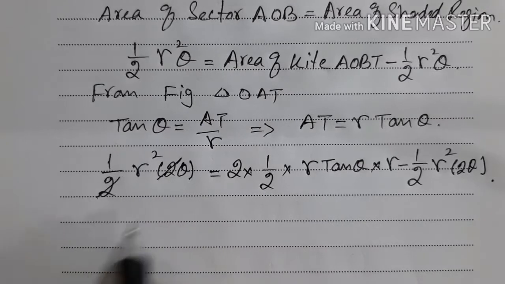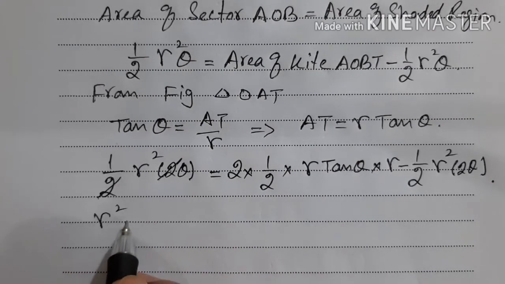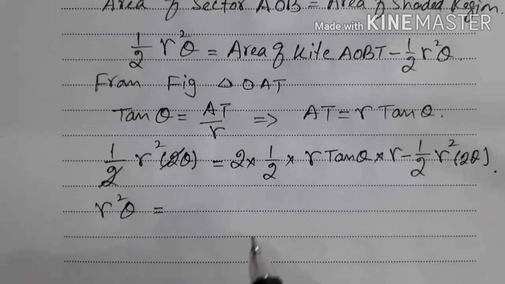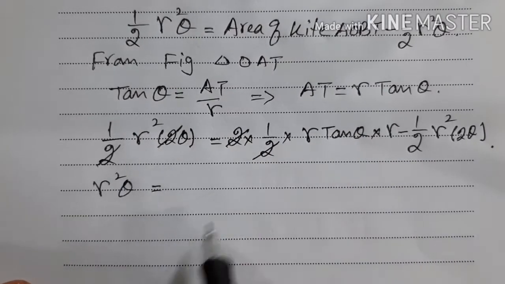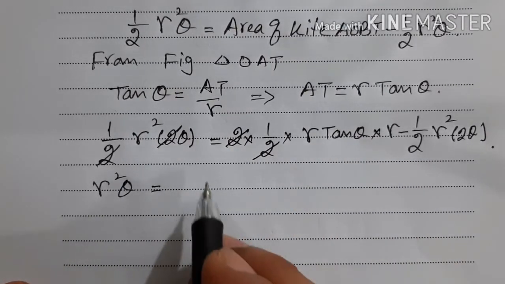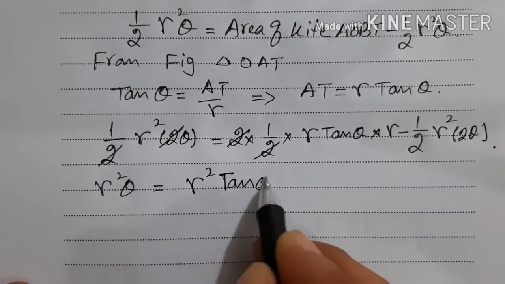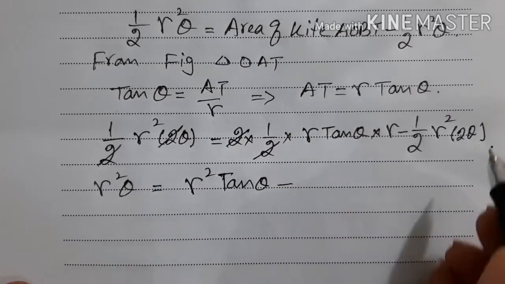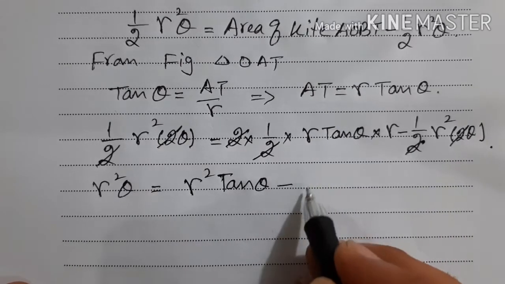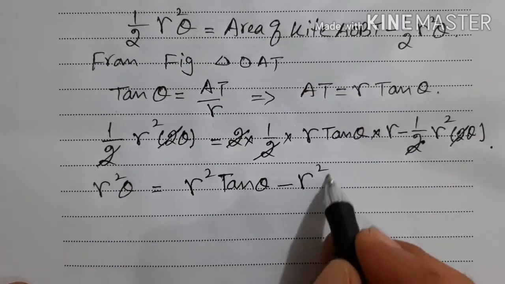So 2 is cancelled with 2, we got r square theta is equal to, this 2 is cancelled with this, we got r square tan theta minus, this 2 is cancelled with this, r square theta.